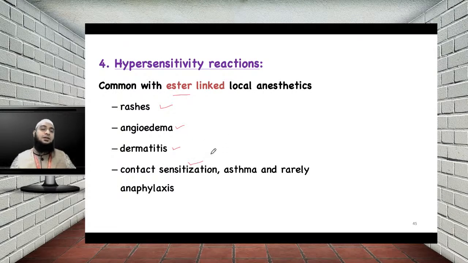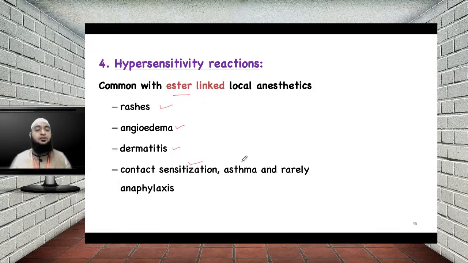What is contact sensitization? For example, if you have taken an ester-linked drug once, the moment you apply it topically at the part, the place where it is applied, there you may suffer from itching and the area becomes red in color, right? And there is discomfort. So such a condition is called contact sensitization.